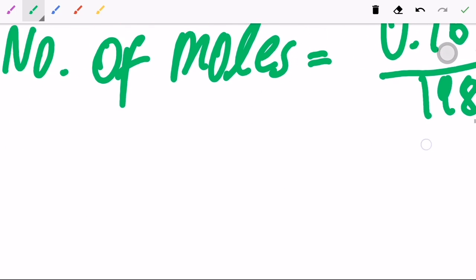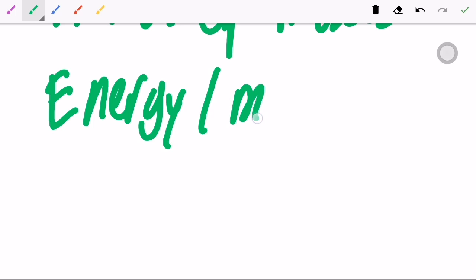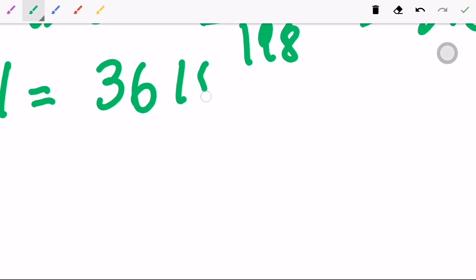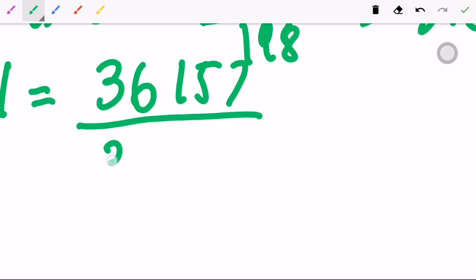Energy per mole is equal to the energy, 36157, over 3.85 times 10 to the power of negative 3.